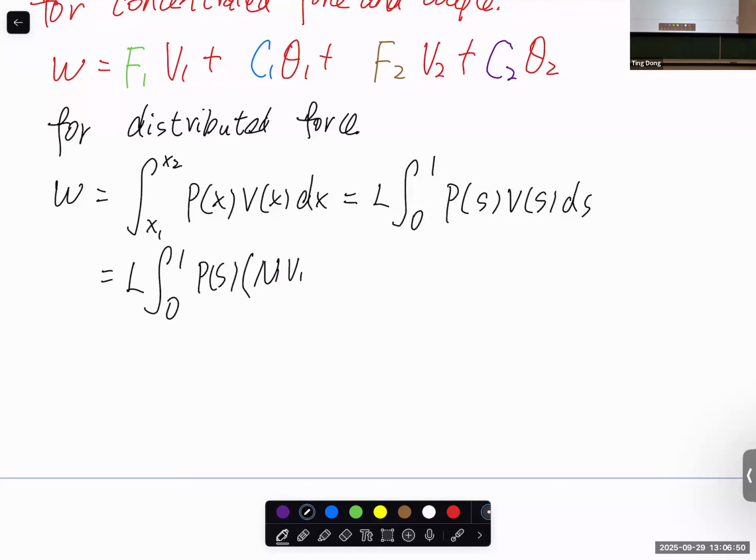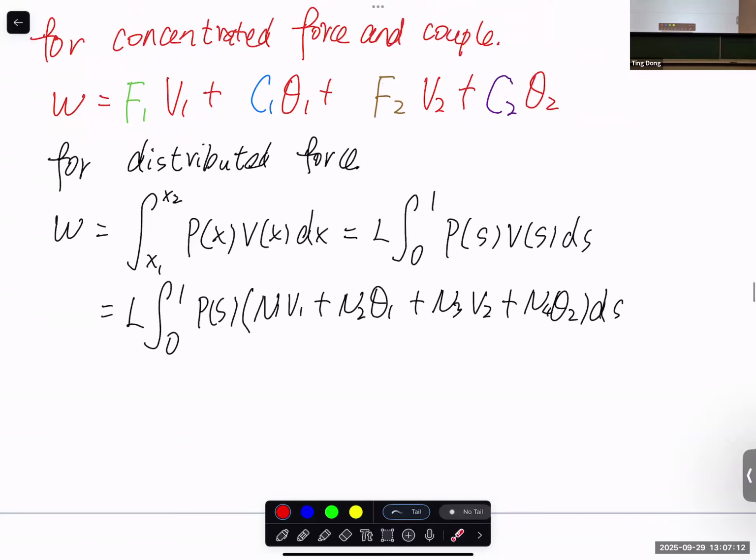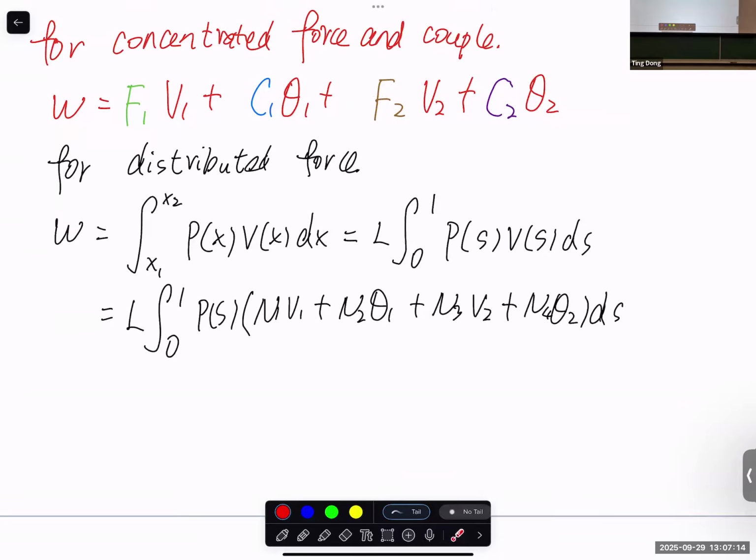We know the shape function should be a function of S. Then N2 theta 1, N3 V2, N4 theta 2 ds. Now our goal is to rearrange it in a way that has a coefficient times V1, a coefficient times theta 1, a coefficient times V2, and a coefficient times theta 2.